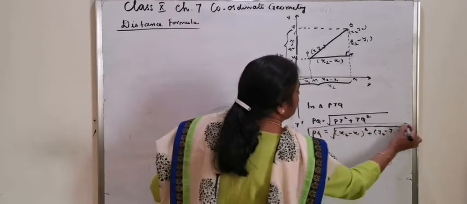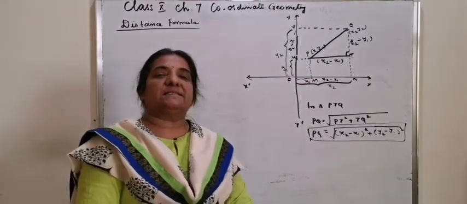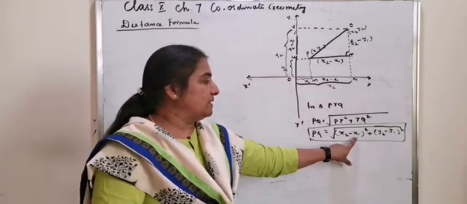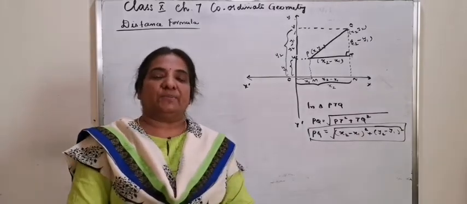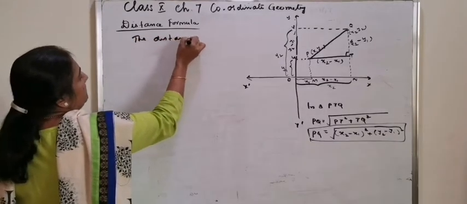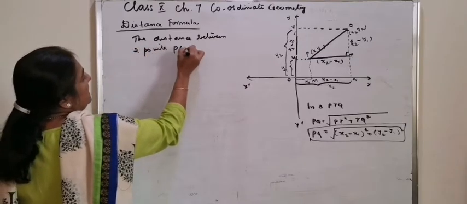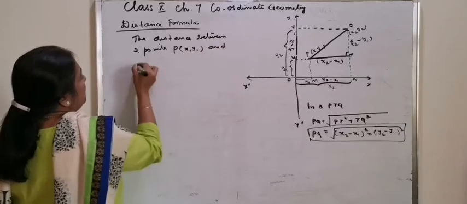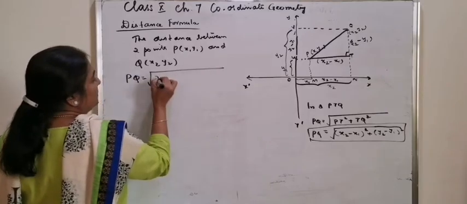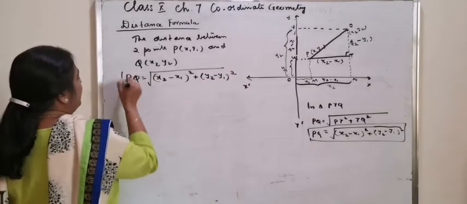Thus, the distance between two points P(x1, y1) and Q(x2, y2) in the coordinate system is found using the formula PQ equals the square root of (x2 minus x1) the whole square plus (y2 minus y1) the whole square.